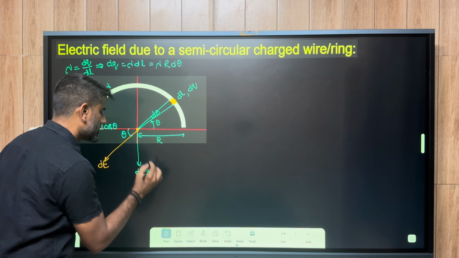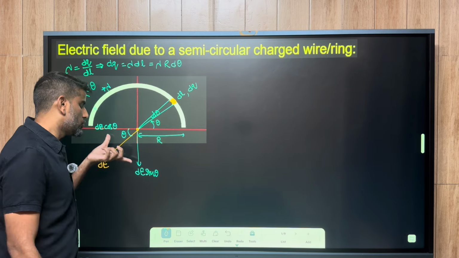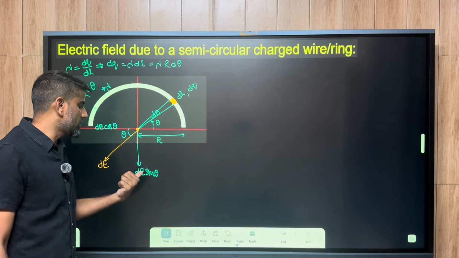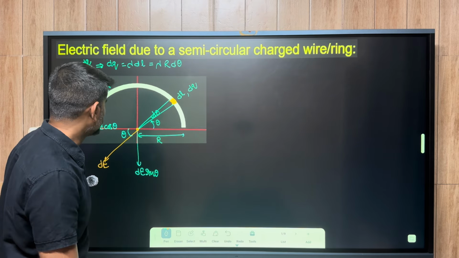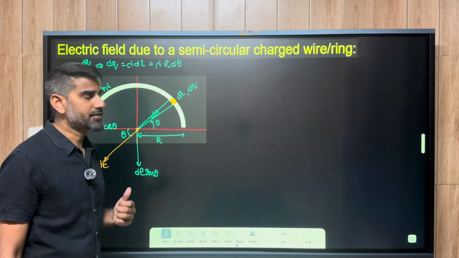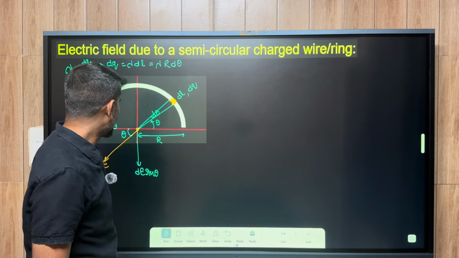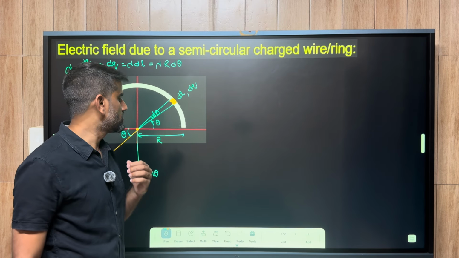Hope you have understood the resolution of this vector into two components, dE cos theta and dE sin theta. Now let us identify the limits of this semicircular ring; we will do that in a minute.